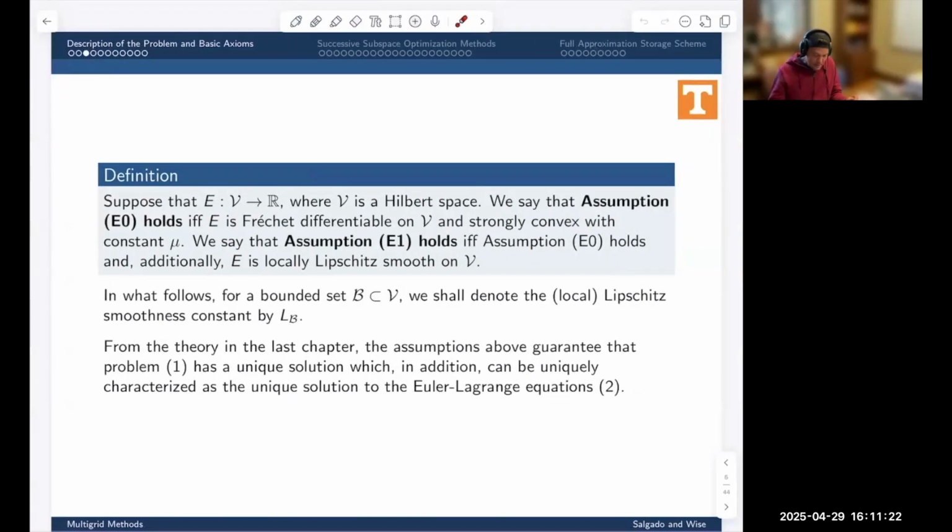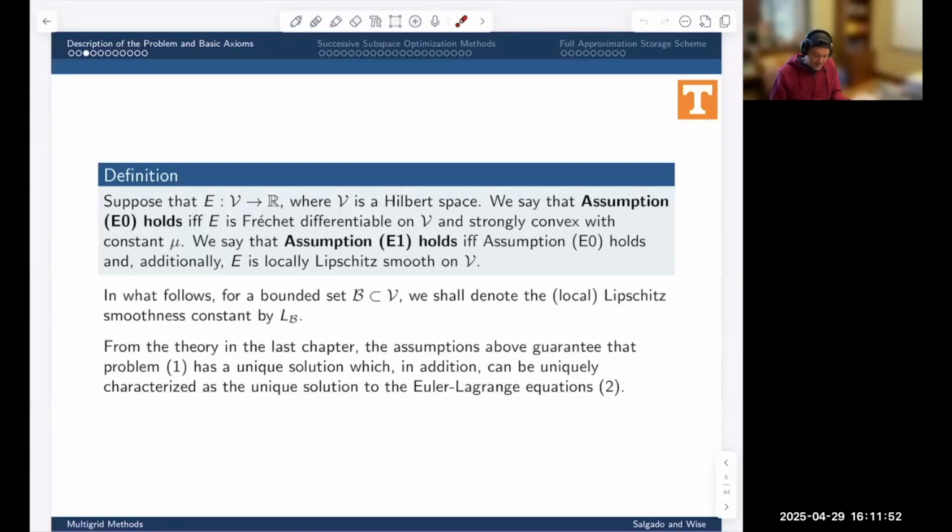So I changed the assumptions around a little bit with the energy. We've had three assumptions previously. I wanted to condense that down to just two different assumptions. And to be quite honest with you, this may change a little bit further as things go along and I refine how this is working in the book. But basically, we've got assumptions that we have about the energy. What assumptions make this have a unique solution?